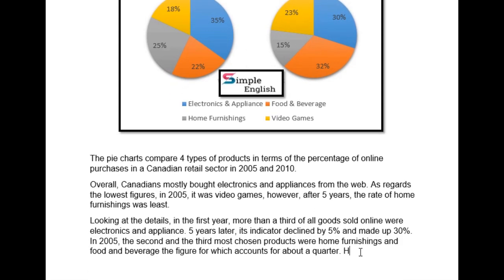Let's say, however, in 2010, the rate of the former. So probably you have seen in my previous videos, which you can see right here, I have talked about the former and the latter, which means former is the first figure, which is home furnishings here, and the latter is the second figure, which is food and beverage.